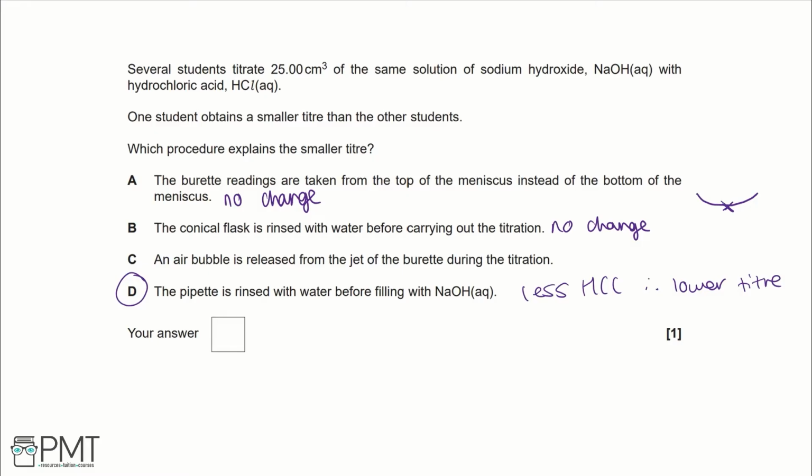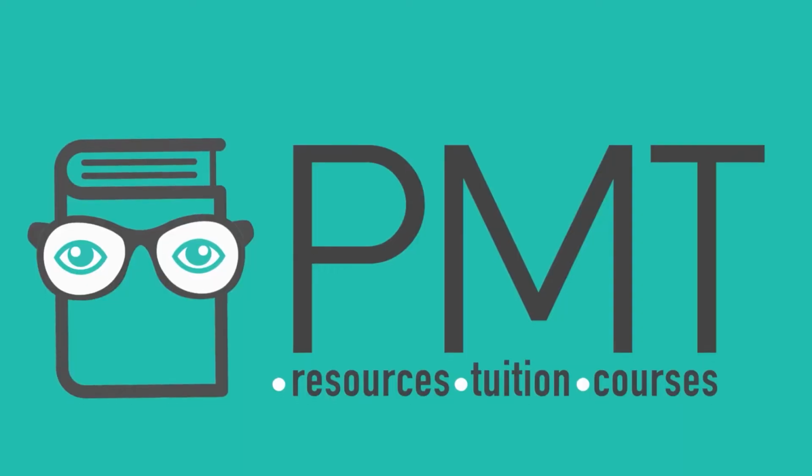So this results in a higher titer. So the answer for this question is D. And to get the mark for this question, you need to write D in the answer box provided.